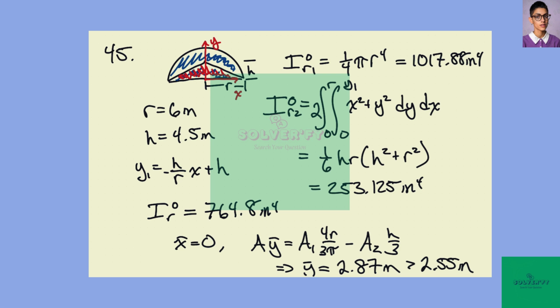Now we need to find the centroid. And again, we said that the centroid is on the y-axis, so x bar is 0. So here we have the centroid: the total area of the cross-section times the y value of its centroid.